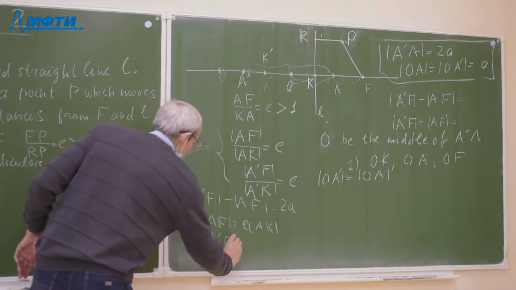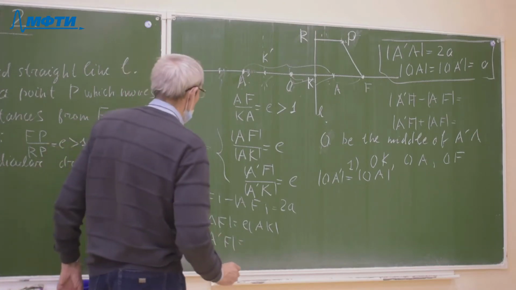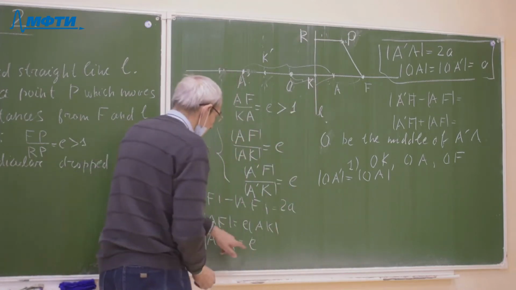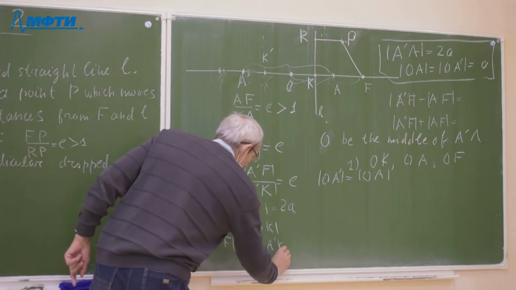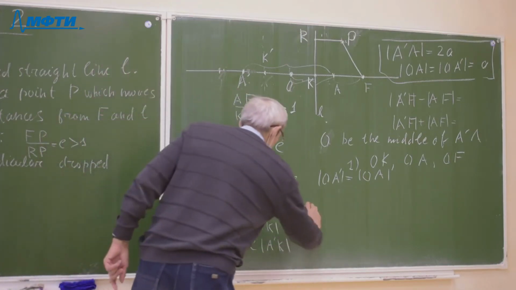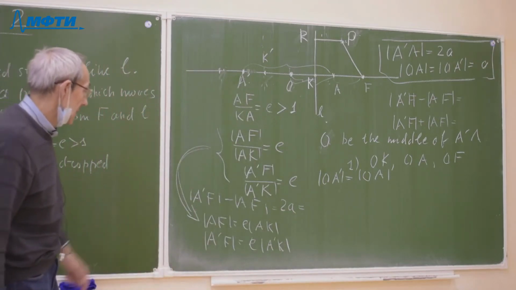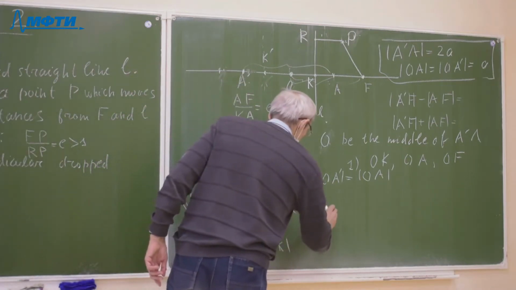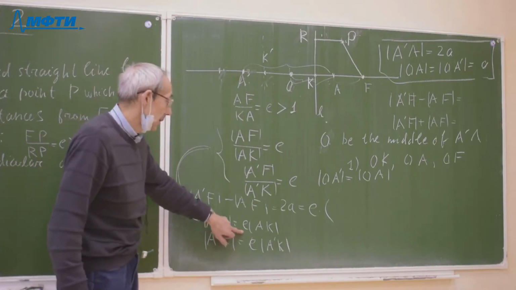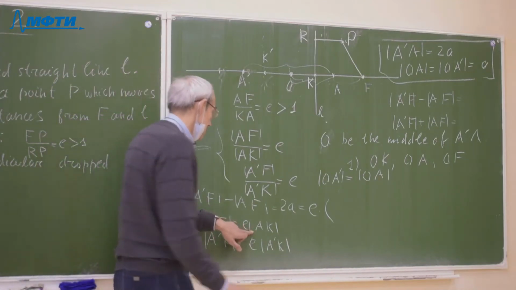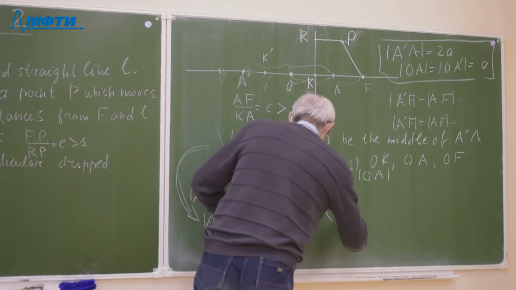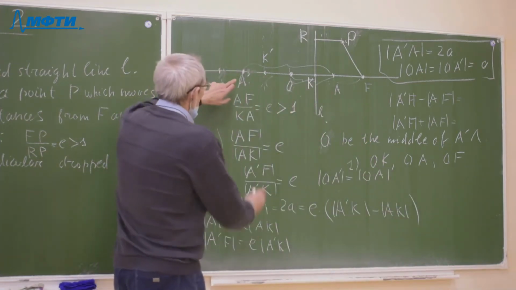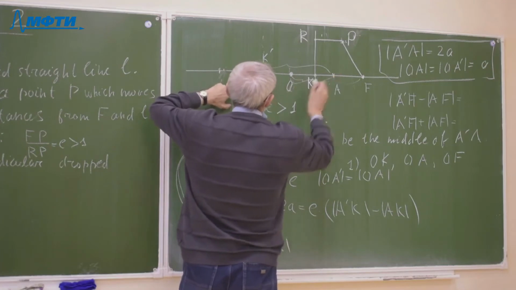And A prime F is equal to the product E and A prime K. And we obtain that this difference is equal to the product of E and the difference A prime K minus AK.